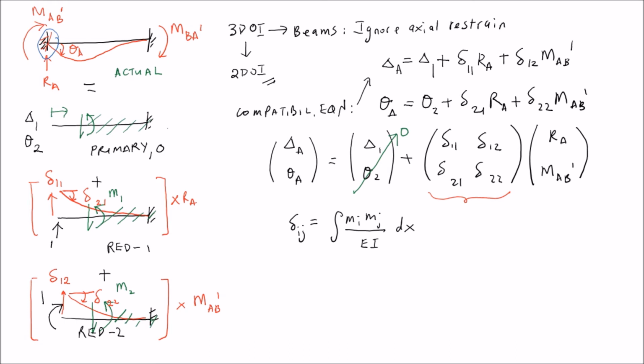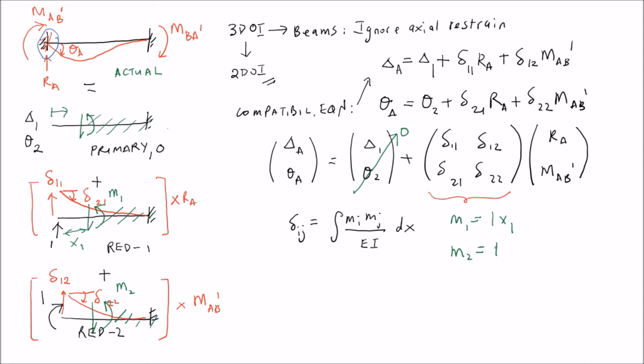With that, M1 is going to be equal to, this is x1, so you are going to get 1 times x1. And then if you calculate moment 2, it's going to be just 1.